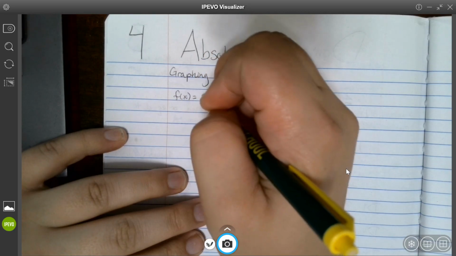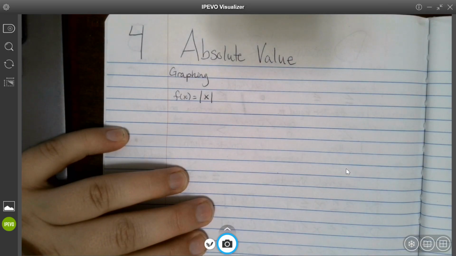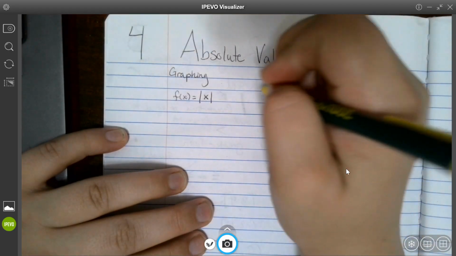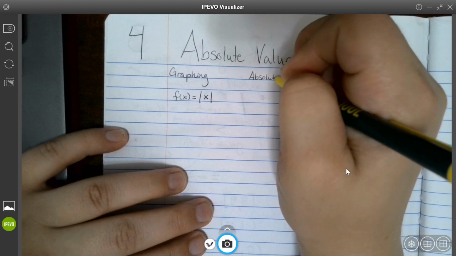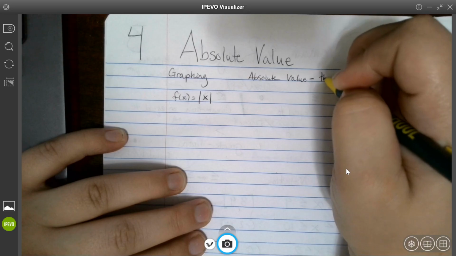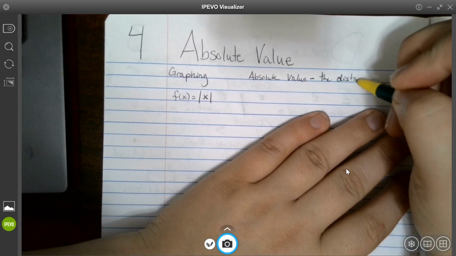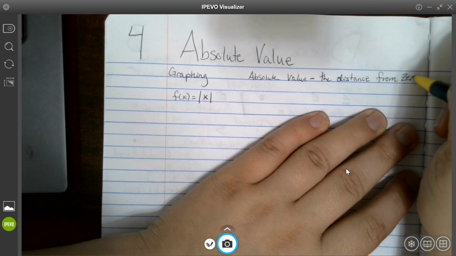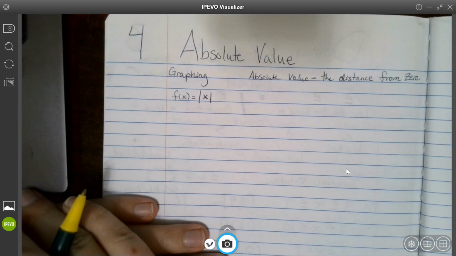And we're going to break down what all of this means. The first thing we absolutely need to know is what absolute value means. So absolute value just means the distance from 0. The distance from 0.